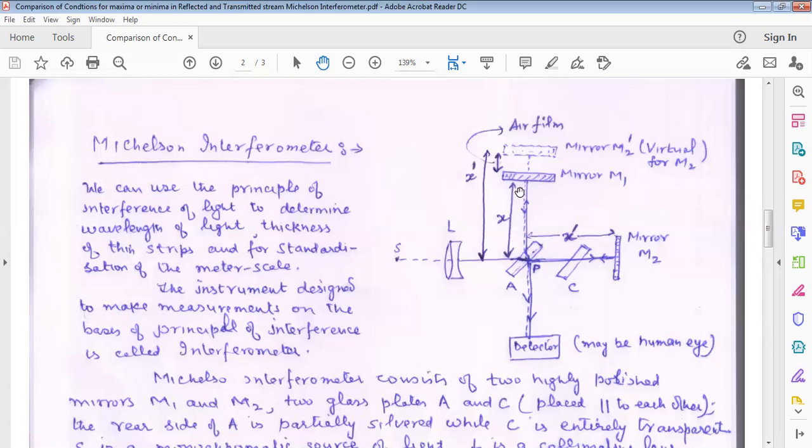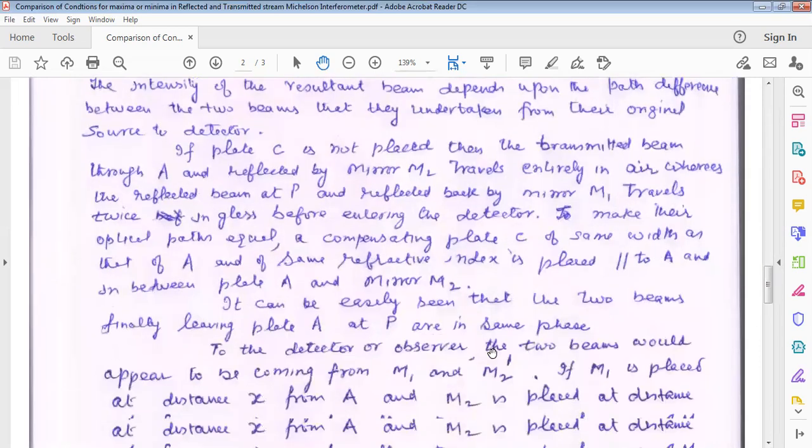So the distance between one point and the other will be n times lambda, the known source wavelength, upon 2, that is n lambda by 2. This is how we can standardize the meter.